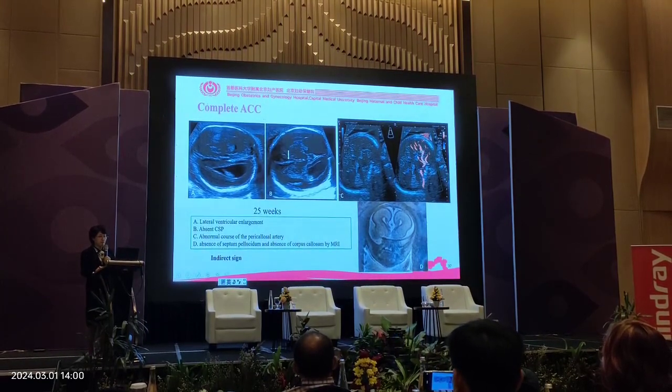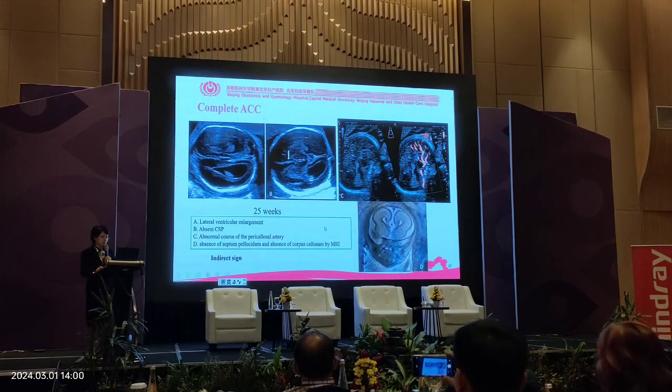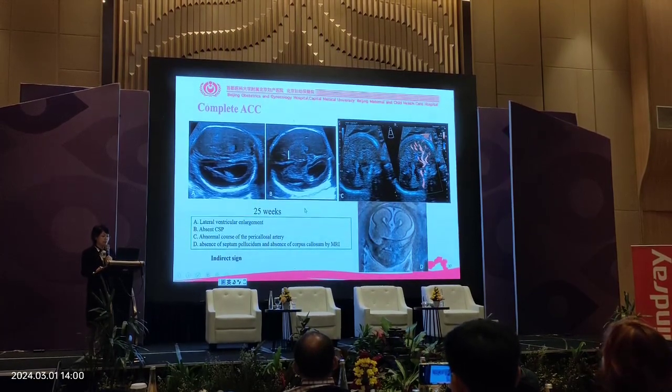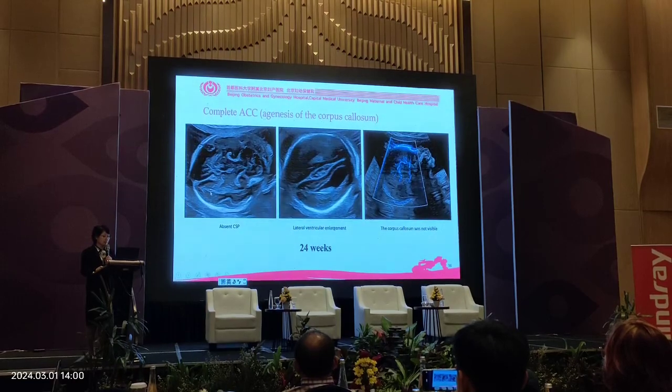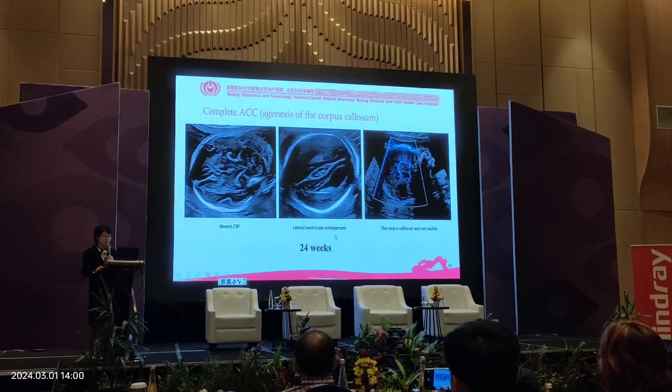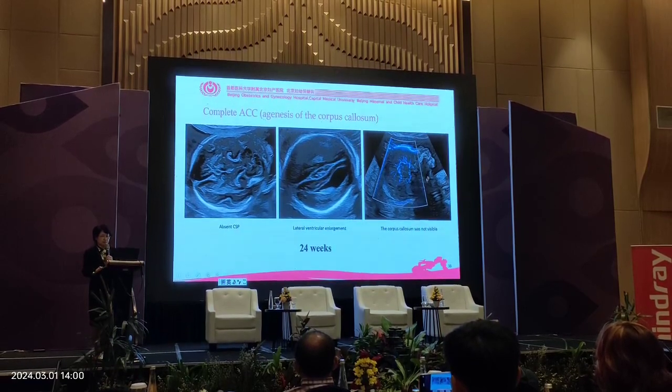We can see the abnormal course, which is also confirmed by MRI. It's the teardrop, an indirect sign. This is also complete ACC. The first picture shows absent CSP, lateral ventricular enlargement, teardrop sign. The corpus callosum was not visualized.